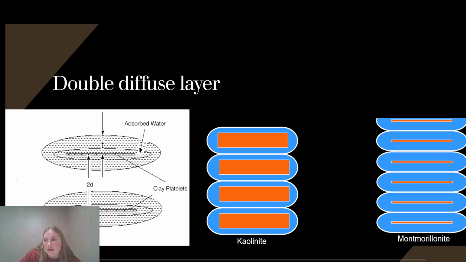This means that when the montmorillonite is in the presence of water, it has a lot more movement and there are bigger volume changes, which is known as swell or heave. And then when it dries out, there are also bigger deformations and larger settlements because it's losing a lot more water compared to a clay like kaolinite, which has a smaller double diffuse layer.